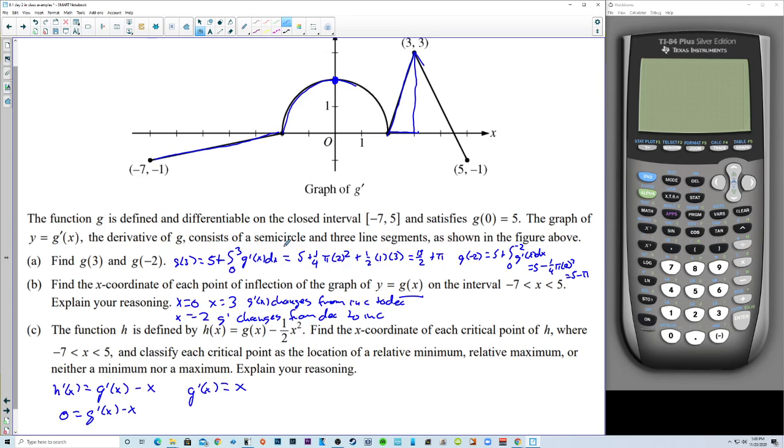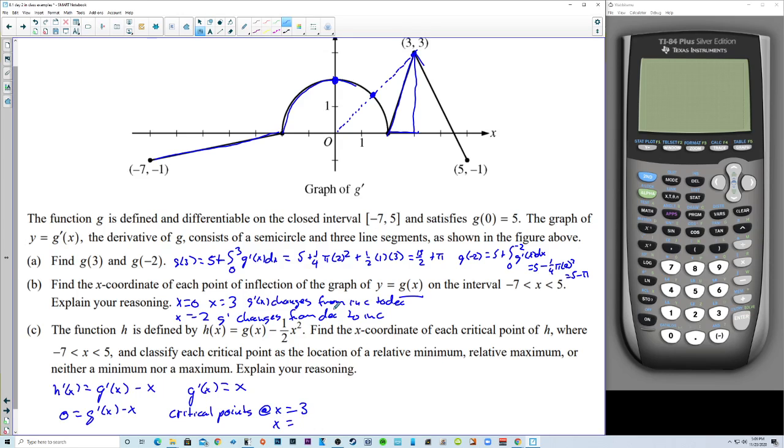Well, that's like saying where is the x equal to the y on this graph? Well, x is equal to y on the line y equals x. Right there. So we have a point here and the point 3, 3. So we have critical points at x equals, well, 3 for sure.